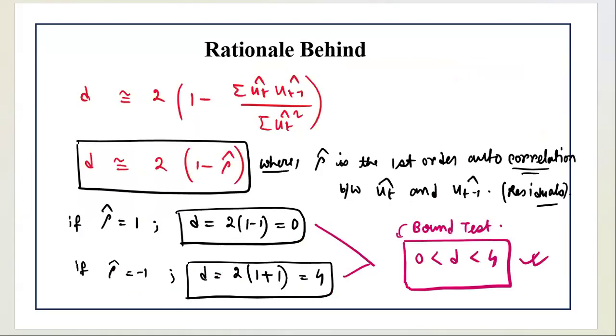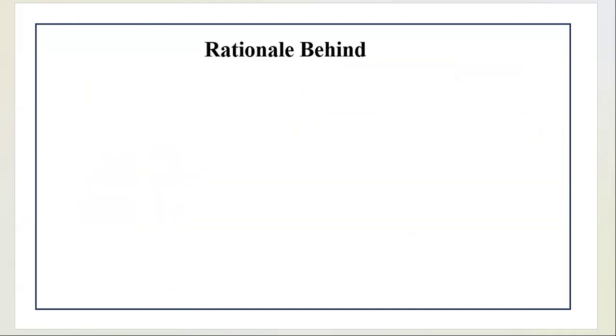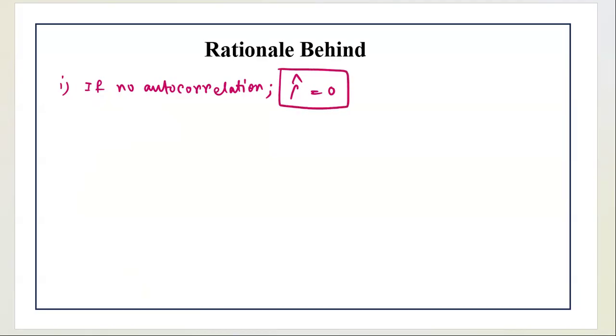Now, how did we get to the decision rules? The decision rules are made in this particular fashion. Let me write the cases for you. If there is no autocorrelation, we will have the rho value exactly equal to 0. This is the estimated value of the rho.